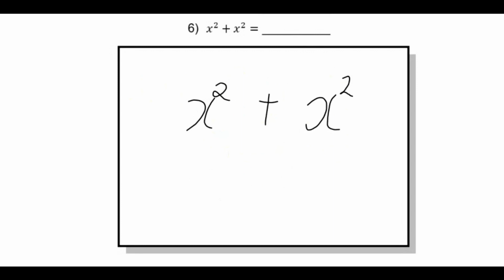Once again, just imagine that there are coefficients in the front. Leave the variables, they mean nothing right now. Our answer is 1 plus 1, 2, and x squared is just x squared. We didn't change the exponents, and the answer is just 2x squared.